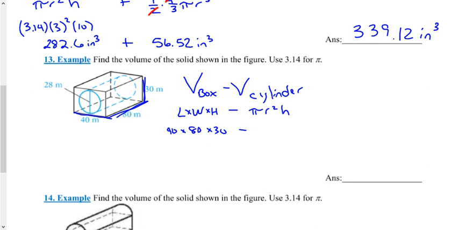And if you look closely, they actually give us the diameter. The diameter of this is 28, which makes the radius half of that, which is 14. And then our height, if we were to stand this up, that's this one right here. We said that that's going to be 80 meters.